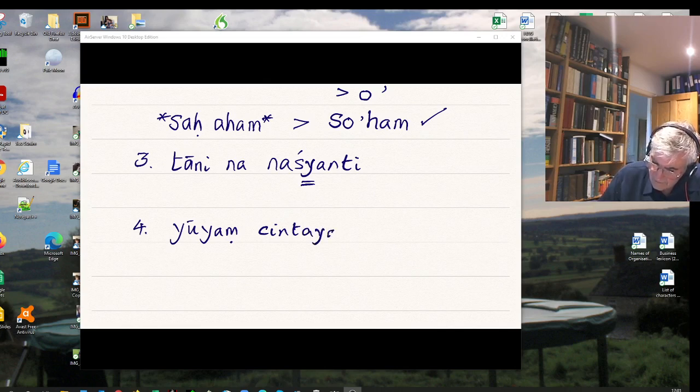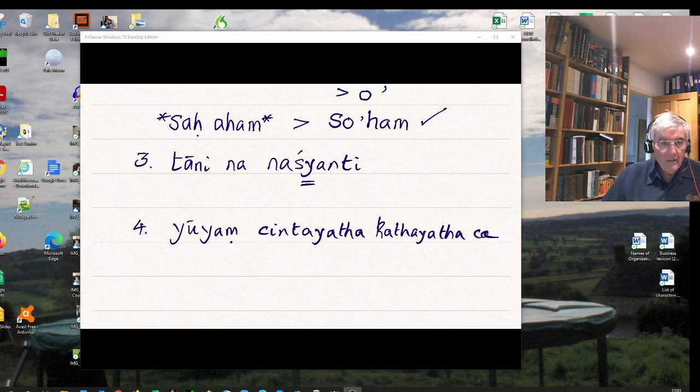Chintayata, katayata cha. With the characteristic ta ending for the second person plural.